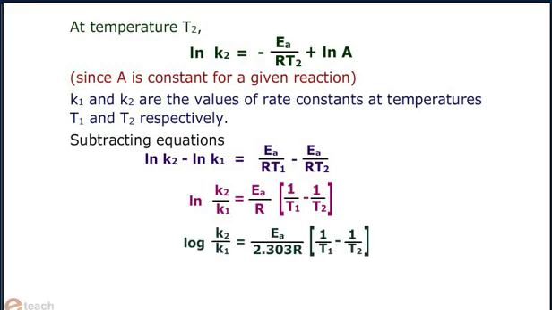Now, log of K2 upon K1 equals Ea upon 2.303 R of 1 upon T1 minus 1 upon T2. On further simplifying, we finally get log K2 upon K1 equals Ea upon 2.303 R of T2 minus T1 upon T1 T2.